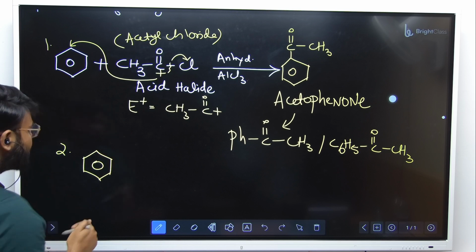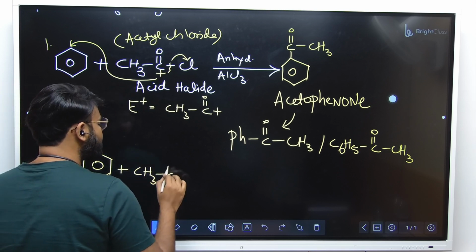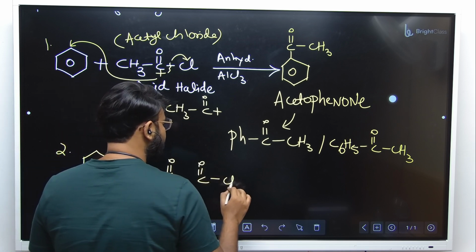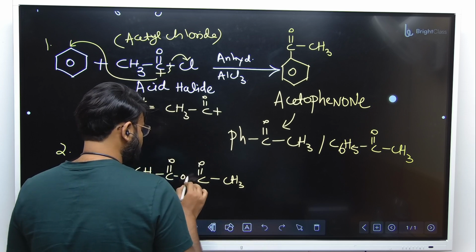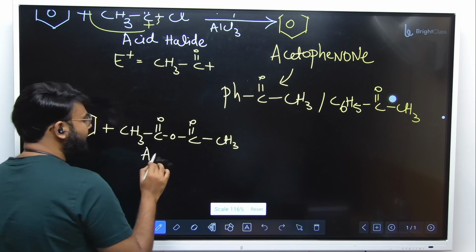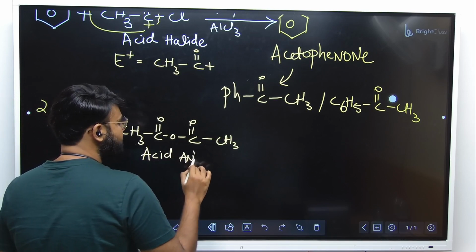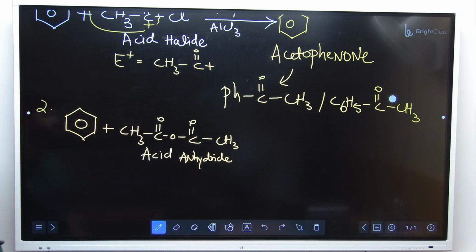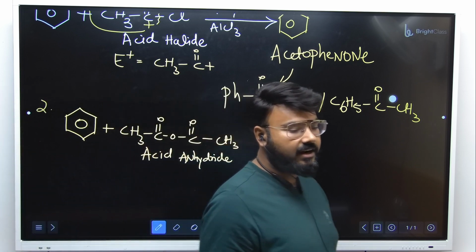Let's take the example of CH3 C double bond O, O, C double bond O CH3. Guys, please see this. This is called acid anhydride. Is everyone clear? Acid anhydride.